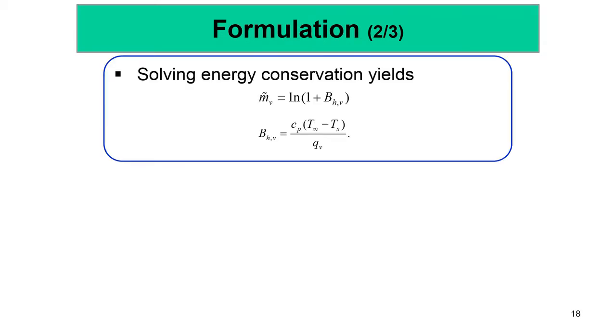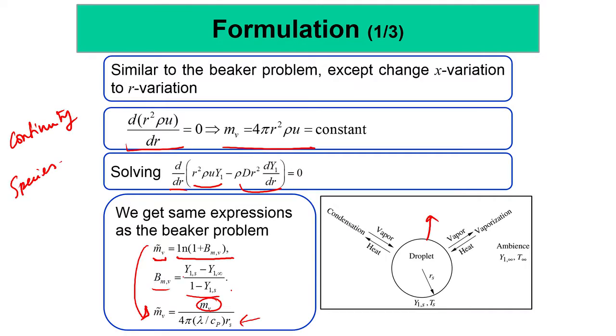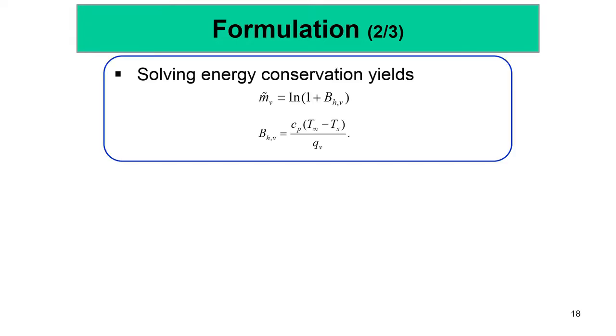Now, once again, this is not enough, because you do not know what your Y_1s is. Even if you can solve for m_v tilde, you do not know Y_1s, and to know what Y_1s is, you need the energy conservation equation. This is reasonable, because you cannot really solve the full problem just by the species diffusion, because ultimately the droplet is evaporating because somebody is supplying the latent heat of vaporization, and the latent heat of vaporization is being supplied by the ambient.